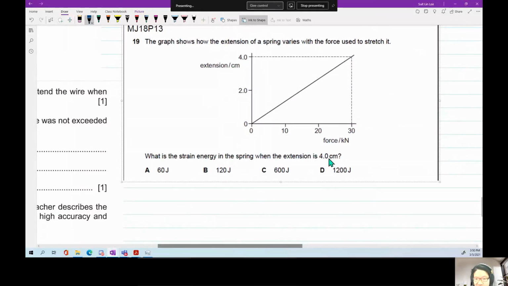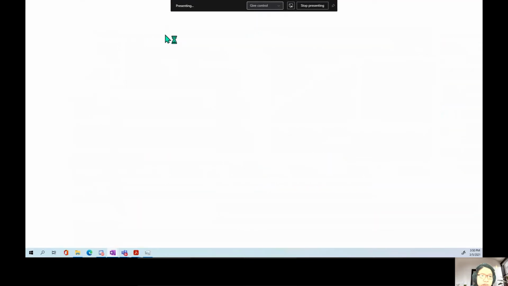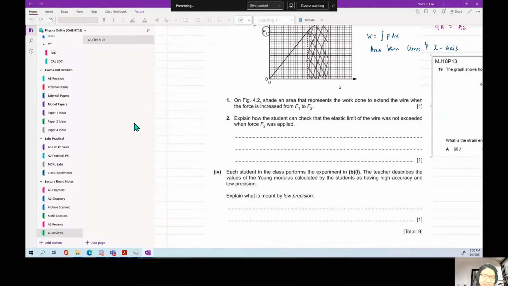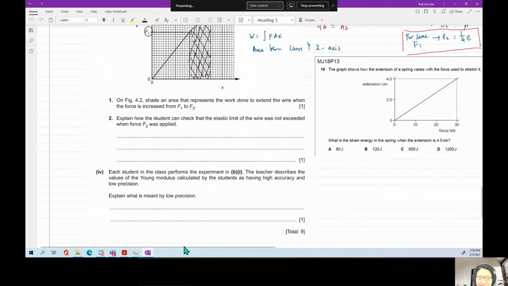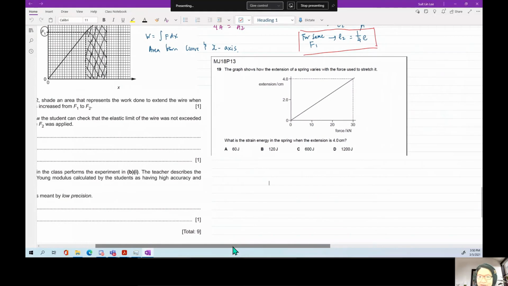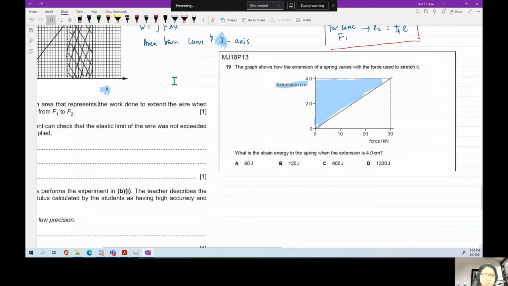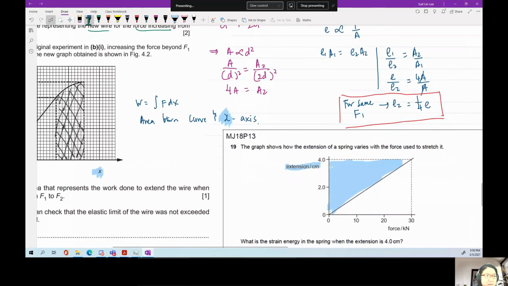And then they say when the extension is 4 cm, so the area that we need to find is between the vertical axis and the curve or the straight line, whatever. It's this area. Okay, this is the area that we want. So it's always between the curve and the extension axis. When I say x-axis, I mean extension axis.